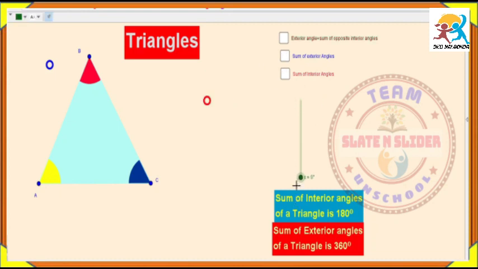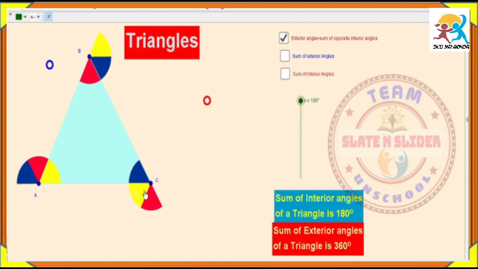And now we will find out the relation between the exterior angle and the opposite interior angles. Just observe, here the interior angles are colored yellow, red and blue. Here the yellow color and the red color, these two are part of the exterior angle.